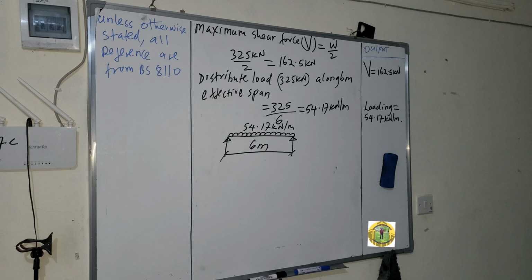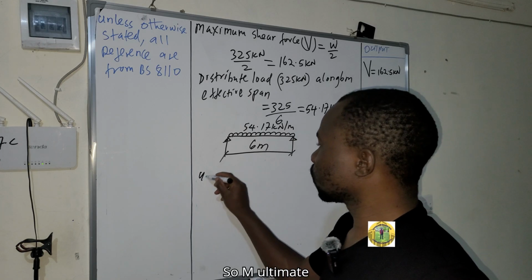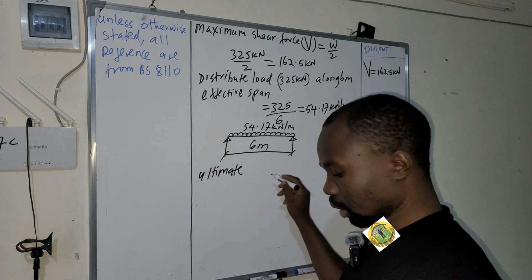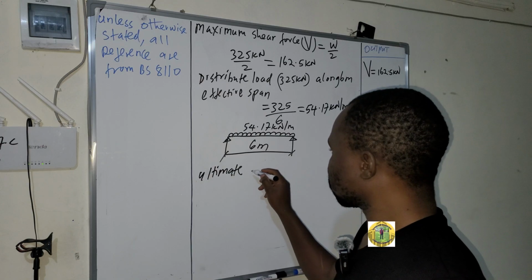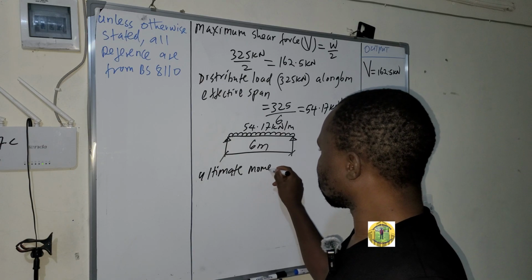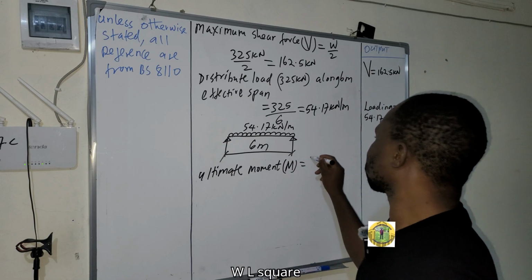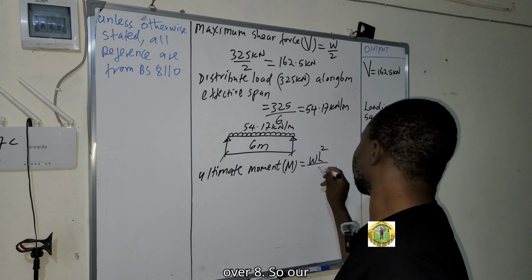So from there, we can calculate the design ultimate moment, which is M. M is equal to WL square over 8.